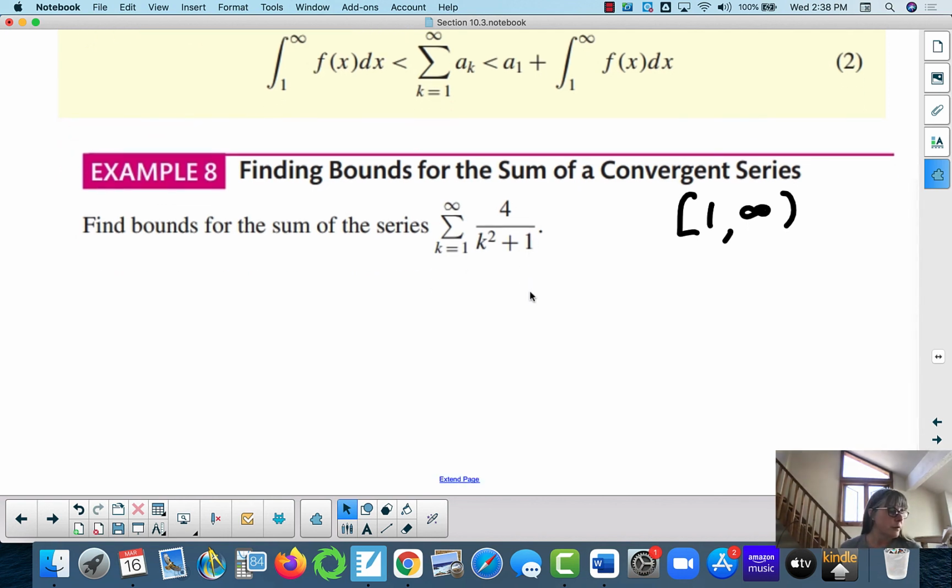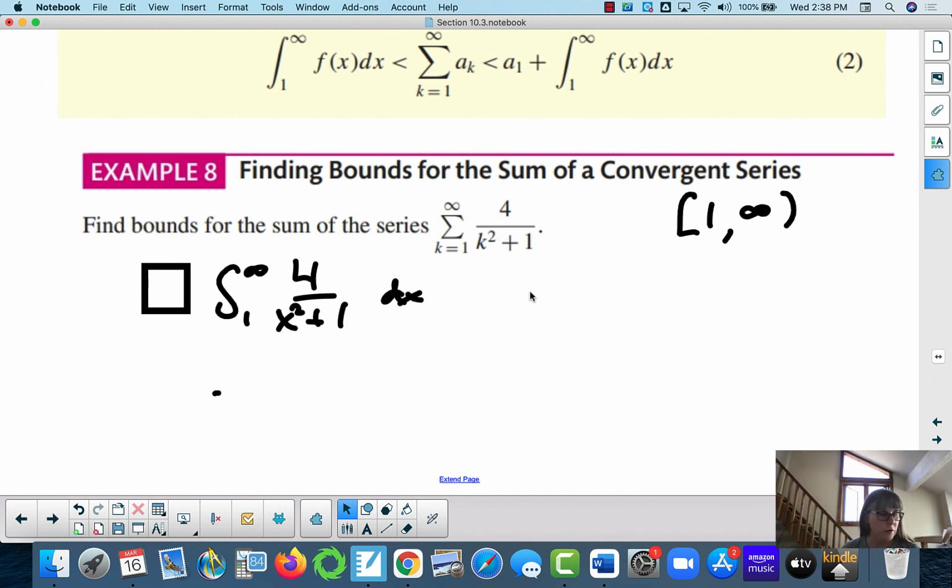So we are going to do the improper integral from 1 to infinity of 4 over x squared plus 1 dx. And that's going to be our lower bound.